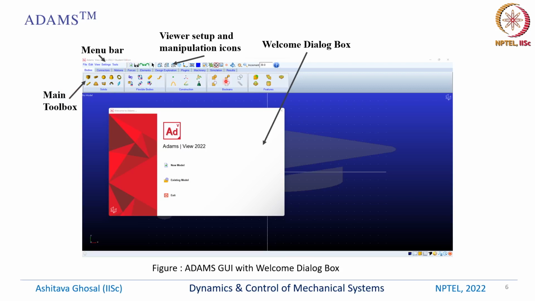Then there is this toolbox in which various kinds of solids, bodies, how you connect them, and various features are available, and you can click and drag and drop into this workspace. And then there are these viewer setup and manipulation icons, and there is a welcome dialog box. You can click on a new model, or you can load an existing model, or you can exit.